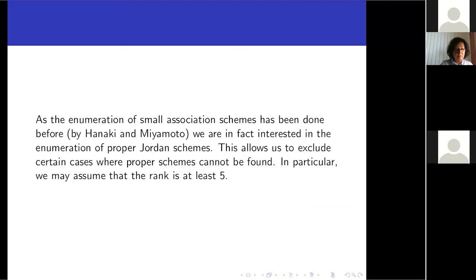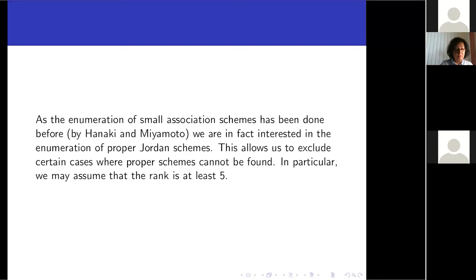As a little disclaimer, I will not look at all possible Jordan schemes. The enumeration of small association schemes has been done at least up to order 31 by Hanaki and Miyamoto. So what we really need to enumerate is only proper Jordan schemes.